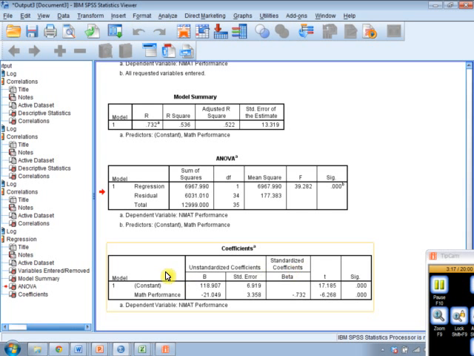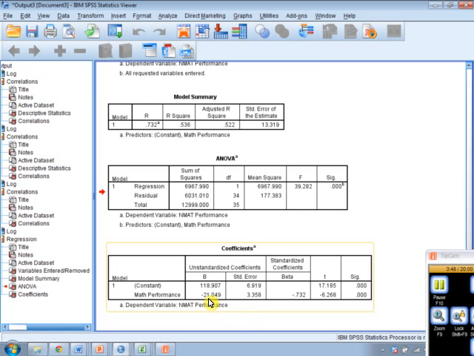With this result, what is the intercept here? It's 118.907. That's b sub 0. And what is your b sub 1, which is your slope? It is negative 21.